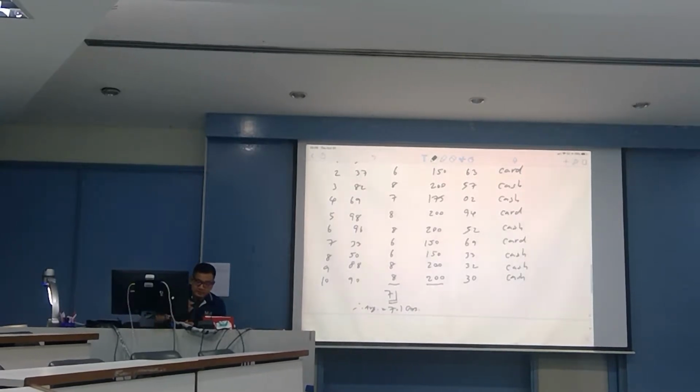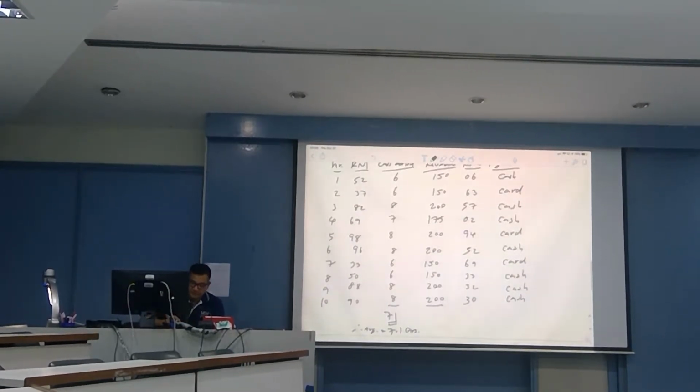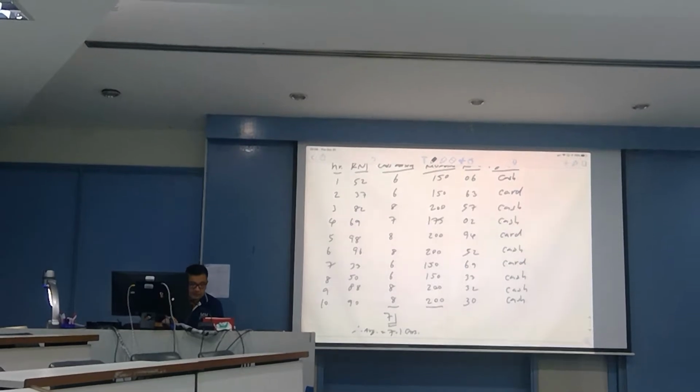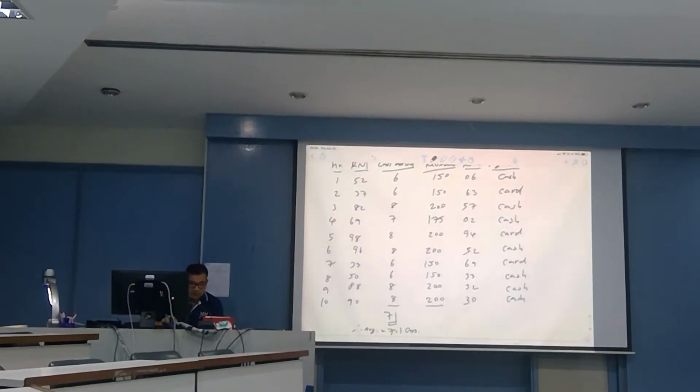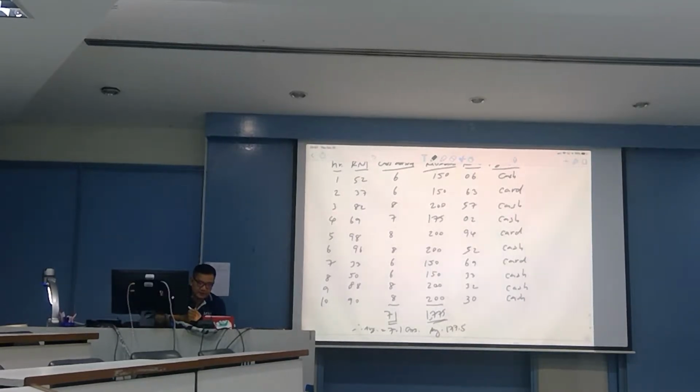So then we have 150. So then average revenue is 177.5.